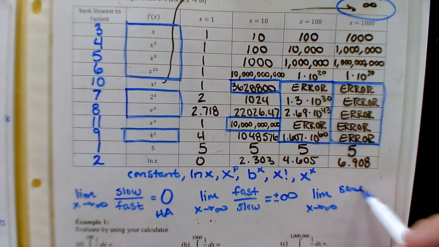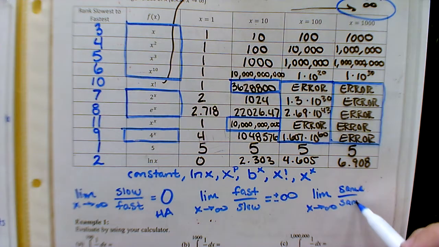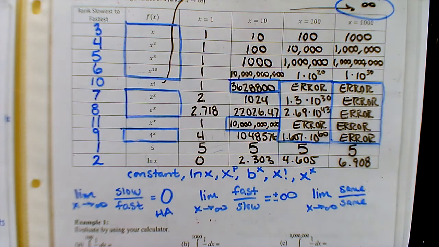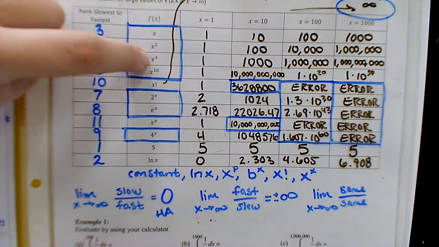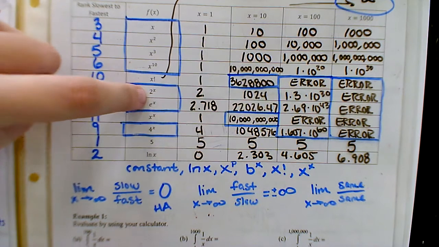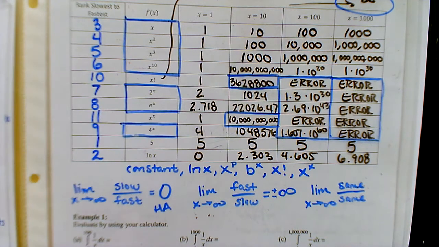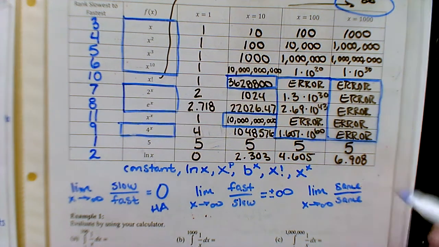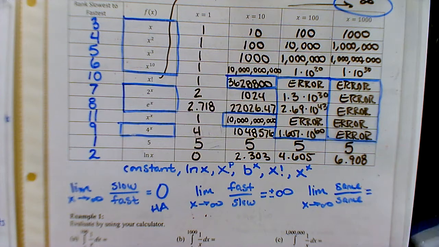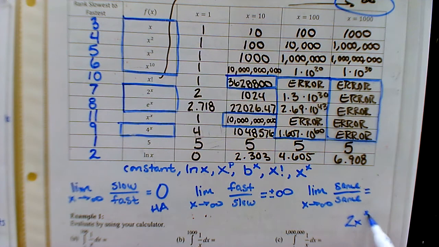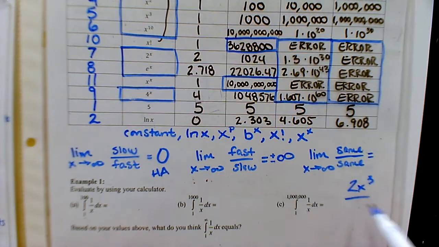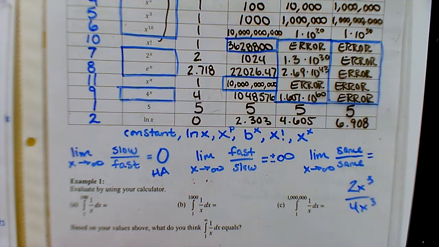What if you had the same function divided by the same function? Like they had the same growth rate, like x to the third divided by x to the third, or 2x divided by 2x. They have the exact same growth rate. It could be 1. What if I had like 2x to the third over 4x to the third? It'd be 1/2.